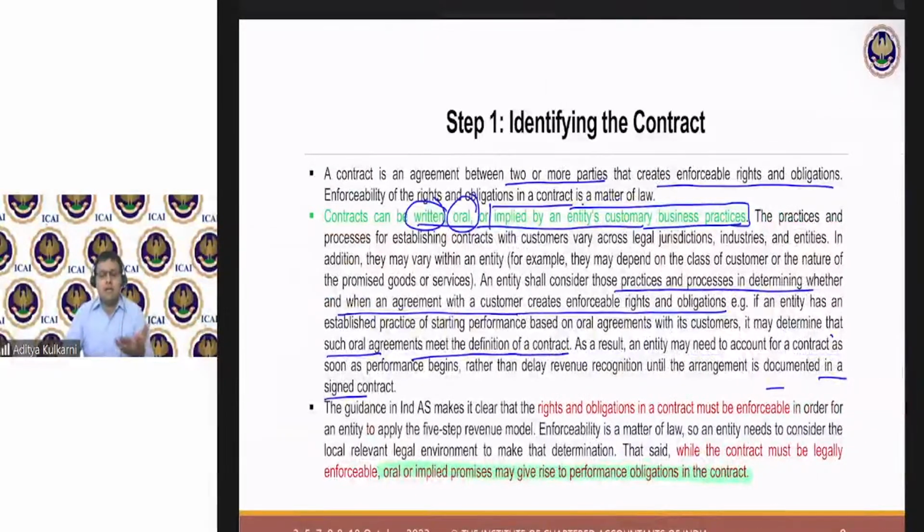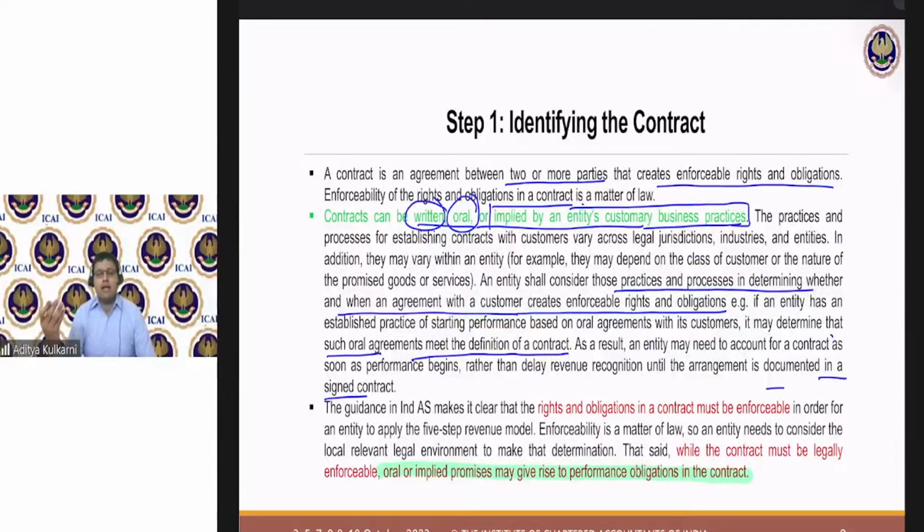We had started looking at step number 1, that is identifying the contract. So Ind AS goes one step further than legal obligations and says that even customary business practices would come under the purview of the contract, which is not the case under the Contract Act. So for example, you sell a car or you sell an AC. You are not required to give a warranty.